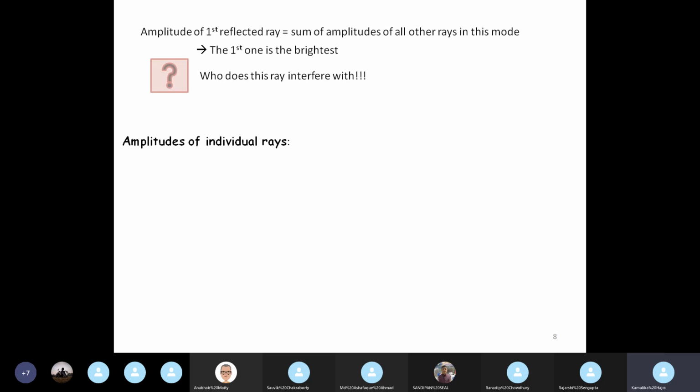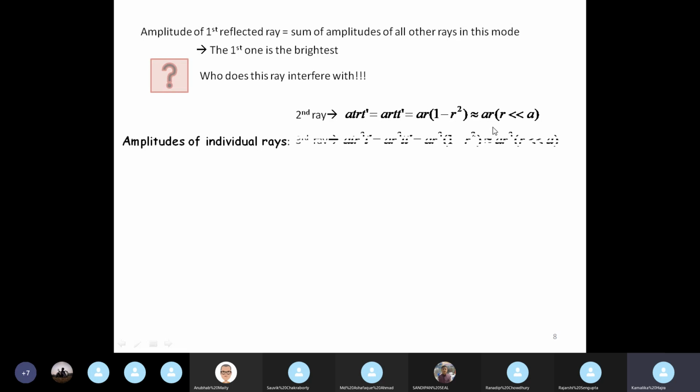So again we do some algebraic calculations. Okay, first of all, what is the amplitude of the second ray? ATRT prime. Okay, that is ARTT prime, which, putting t prime equal to 1 minus r square, we get this is equal to AR into 1 minus r square. Since r is a fraction, we can neglect r square compared to 1, and so this is approximately equal to AR.